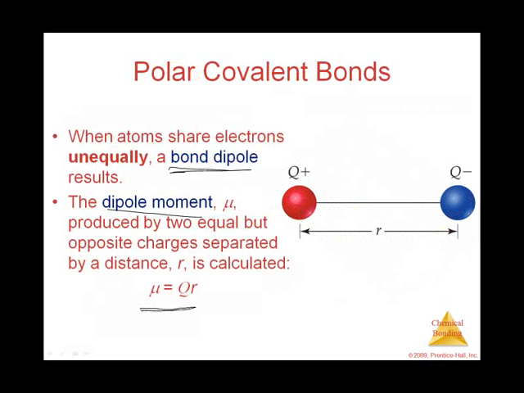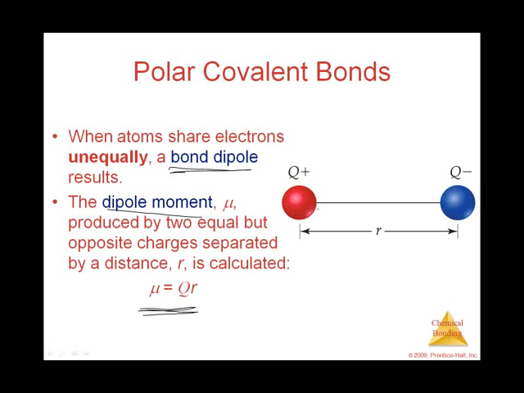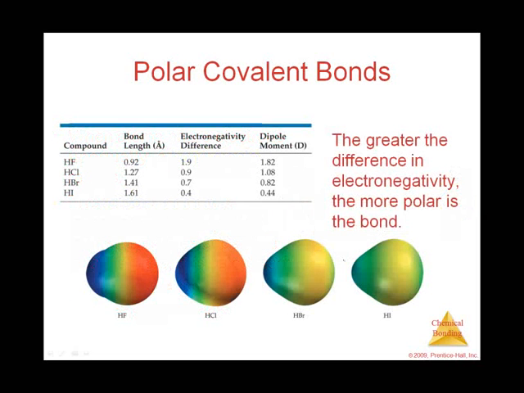Now we're not going to actually calculate these, but you do need to be able to compare the differences in the dipole moments based on differences in electronegativity. So the greater the difference in electronegativity, the higher the dipole moment. And you could draw these as a shorter arrow than you would here.